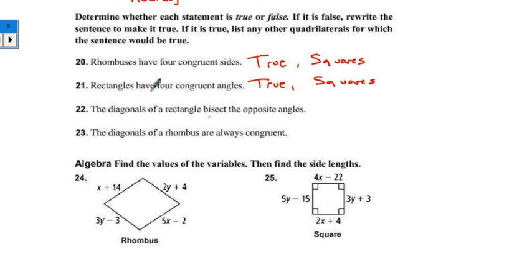The diagonals of a rectangle bisect the opposite angles. The diagonals of a rectangle, no, that's not true. That only happens in, let's see, the diagonals, we have to rewrite the sentence, of a, what is it, rhombus, bisect opposite angles.